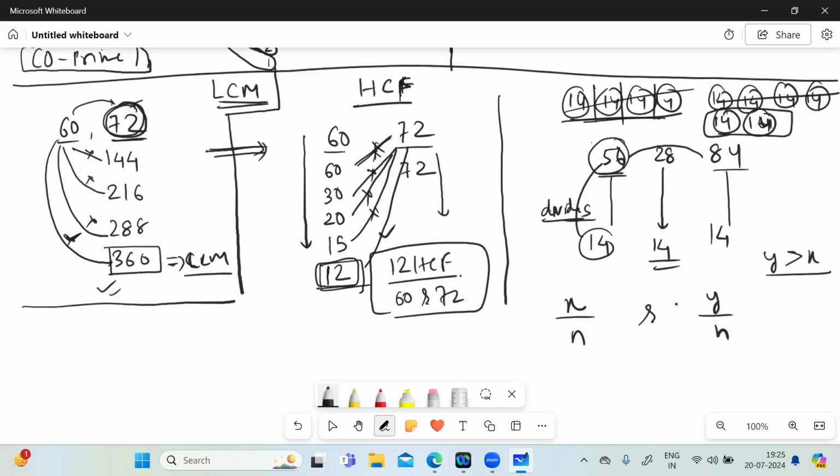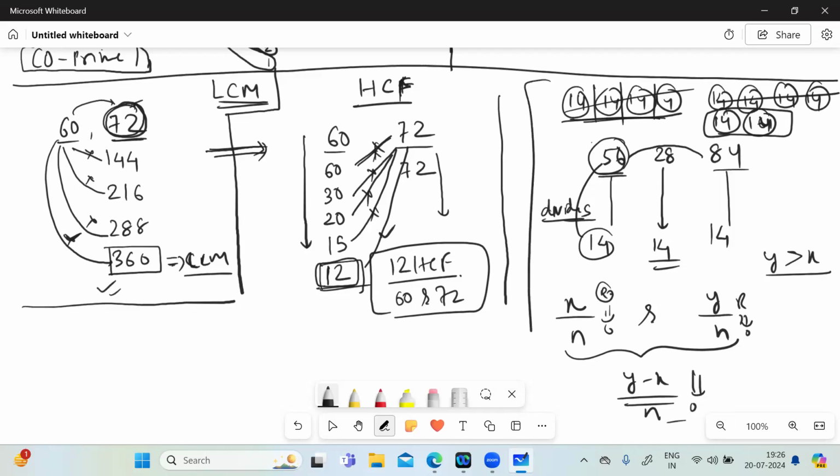This means that y minus x will also be divisible by n. That means the remainder here is 0, the number is completely divided. Did everyone get this fact, or this concept here?